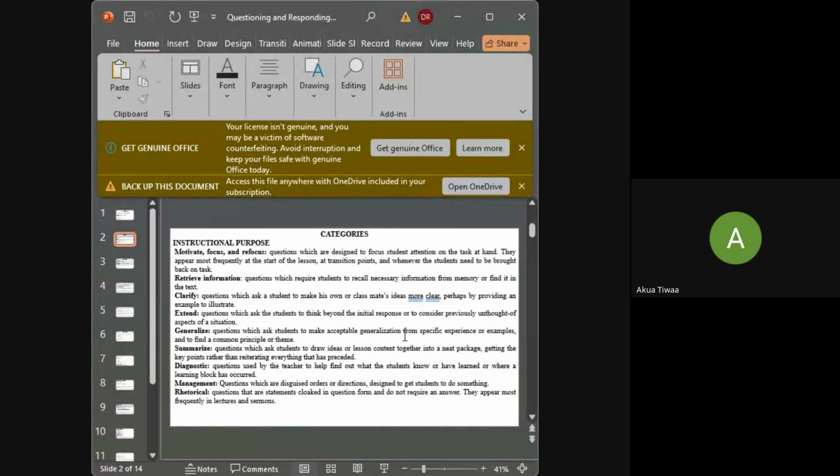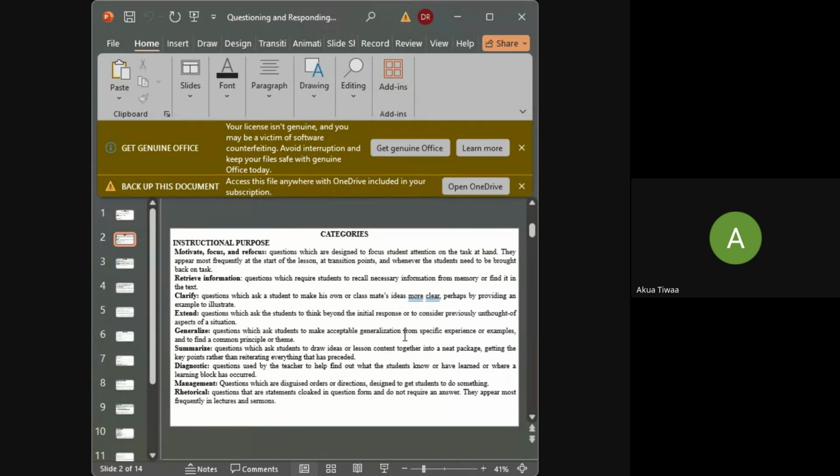We are saying that it has to motivate, focus, and then what? Refocus. Questions which are designed to focus students' attention on the task at hand. They appear most frequently at the start of the lesson, at transition points, and whenever the students need to be brought back on task.